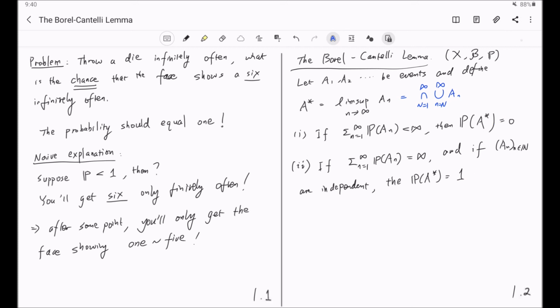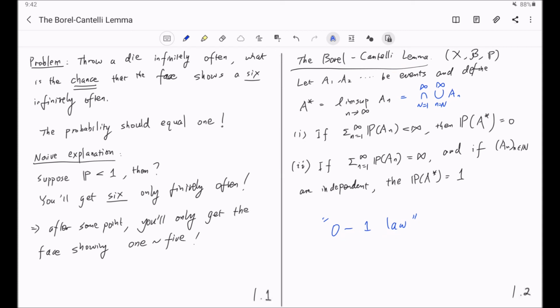Actually, the Borel Cantelli lemma is just one of many theorems in mathematics on the so-called 0-1 law. There are many 0-1 laws in mathematics, and the Borel Cantelli lemma may be the easiest one of them.